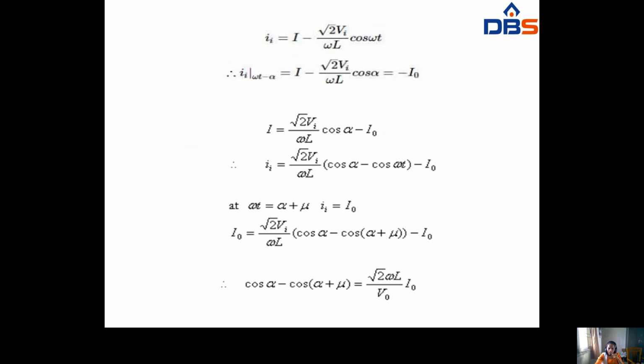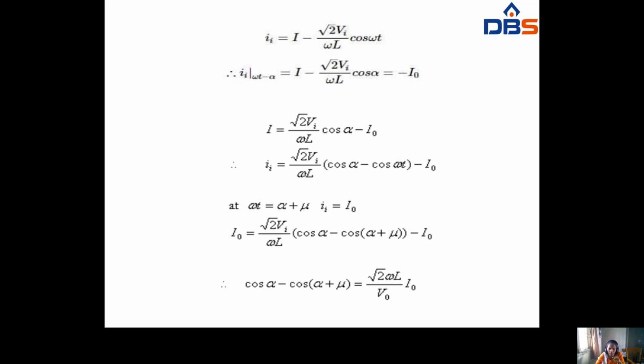Next, we have to calculate small i. So small i, this is the input current, equal to capital I minus root 2 Vi by omega L cos omega t. So here, i at an angle of omega t equal to alpha, I minus root 2 Vi by omega L cos alpha, that implies minus I naught.